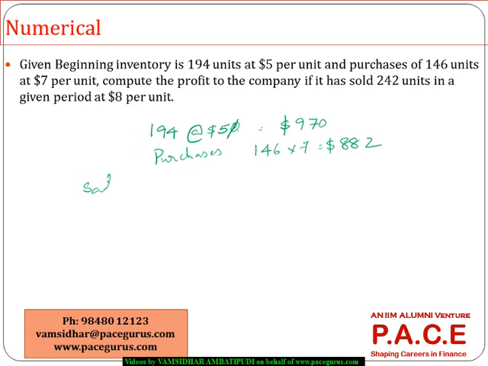If it has sold, revenue or sales is 242 units at $8 per unit. So the revenue does not change. $1936 is the revenue.